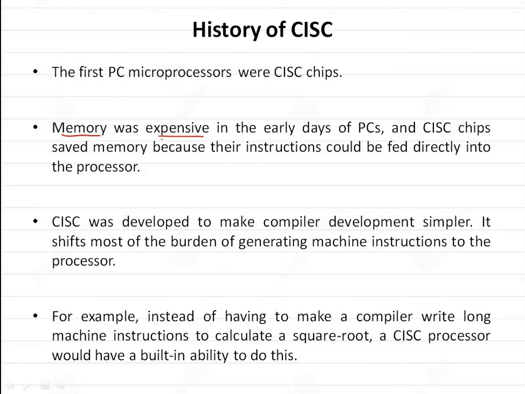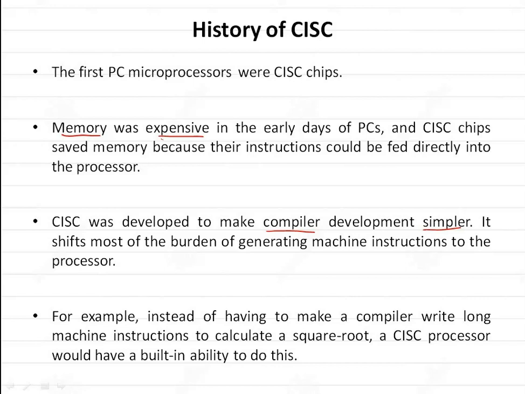Along with it, the CISC based architecture helps make the compiler's task much simpler, because using a CISC architecture, most of the burden of generating the machine instruction was given to the processor, and the compilers could be designed in a much simpler way.